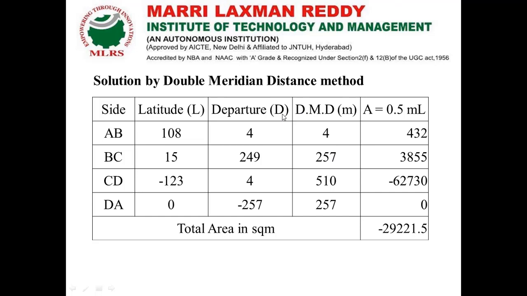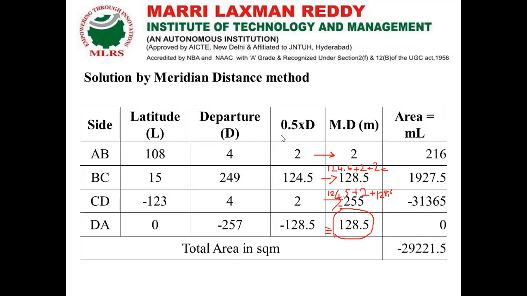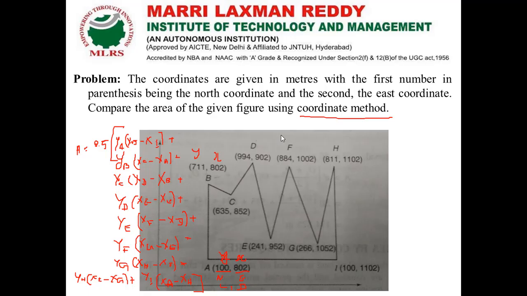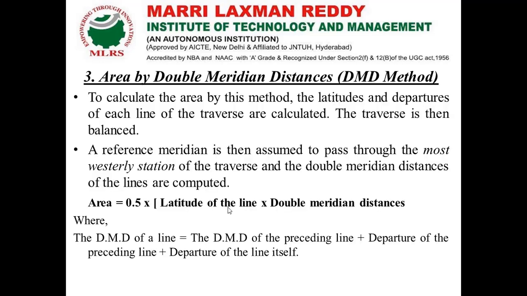After that, we have to calculate DMD. The DMD of the line is DMD of the preceding line plus departure of the preceding line plus departure of the line itself. For the first and last point, we are having only the departure of the line itself.